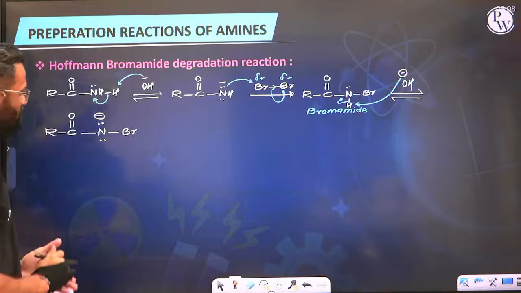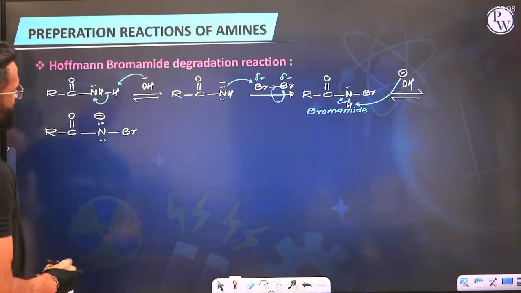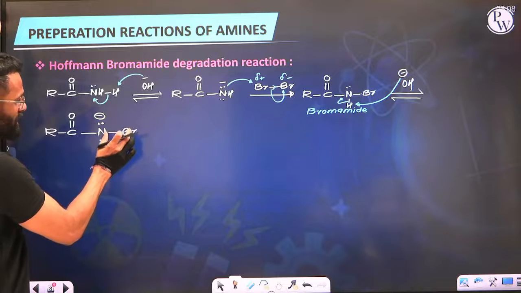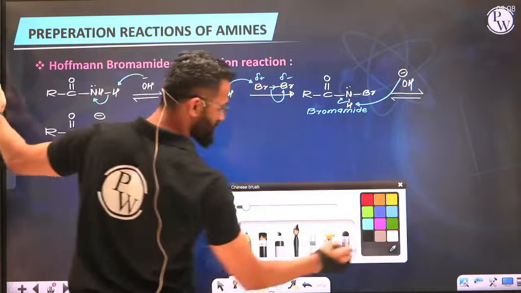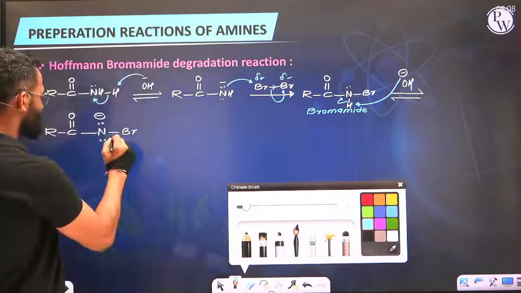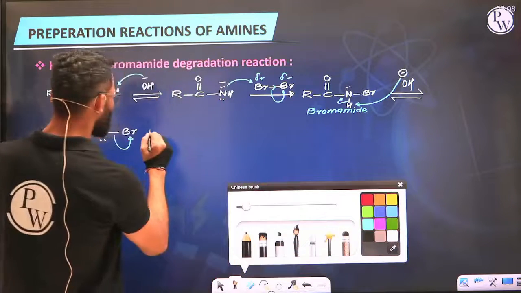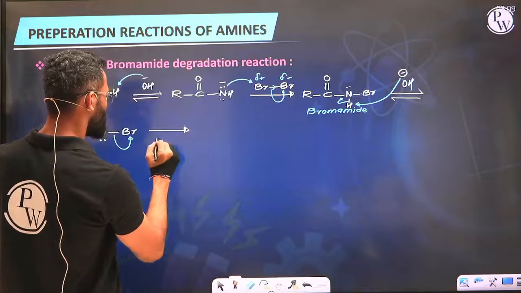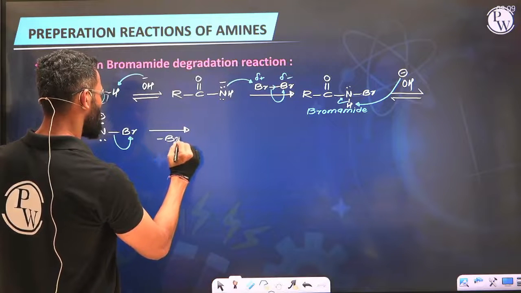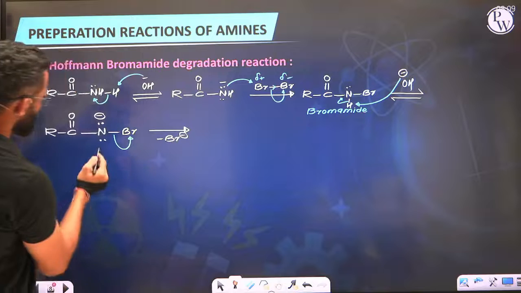Now guys, what comes is the important step here. See here, bromine is already a good leaving group. So now what happens is bromine leaves as Br minus. Observe this nitrogen.